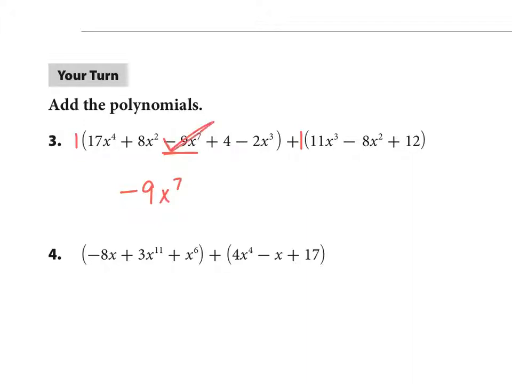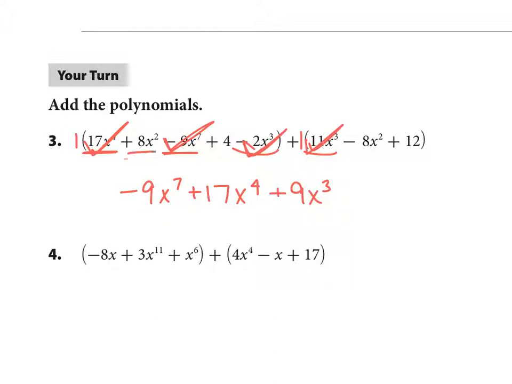And when you've used it, you can kind of check it off if you want. I don't see anything to the 6th, anything to the 5th. I do have something to the 4th, so that's going to be plus 17x to the 4th. To the 3rd, I've got 2 things, a negative 2x to the 3rd and an 11x to the 3rd. That's going to give me plus 9x to the 3rd. Remember, exponents don't change when we combine like terms.